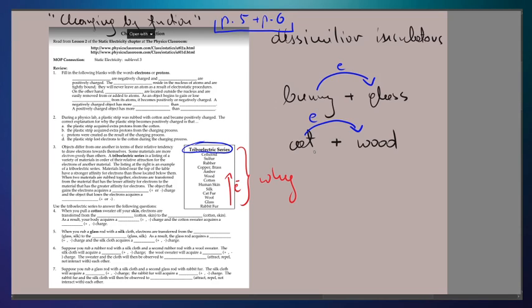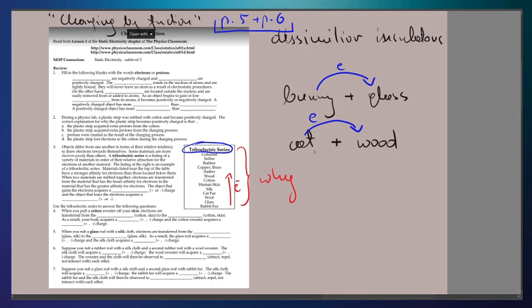We can through experiments establish that they do move in a specific direction, but why exactly? Well, we can certainly speculate, and we have some reasonable guesses, but I don't think there's a consensus that it's definitely because of X that electrons move from cotton to wood.